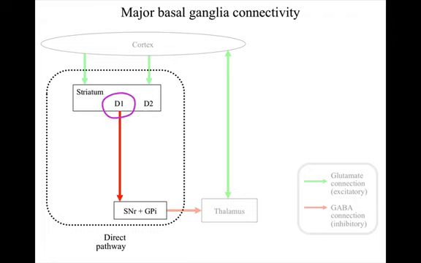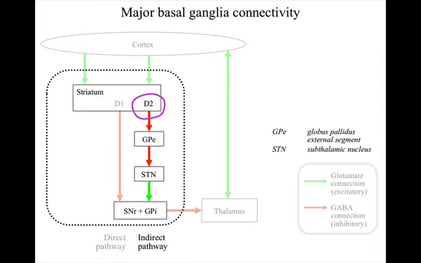There's a direct pathway that links the D1 inhibitory neurons to neurons in the GPI-SNR. So if these D1 neurons fire, they'll inhibit the GPI-SNR neurons, which will reduce the tonic firing of those neurons and therefore reduce the inhibition of the thalamus. So activity in the D1 neuron population will tend to increase cortical activity.